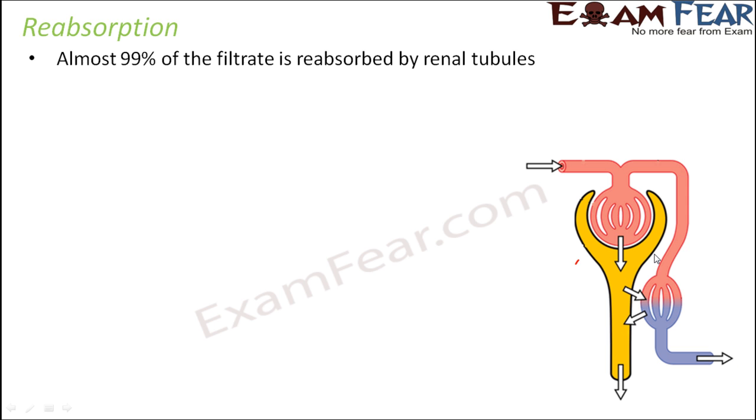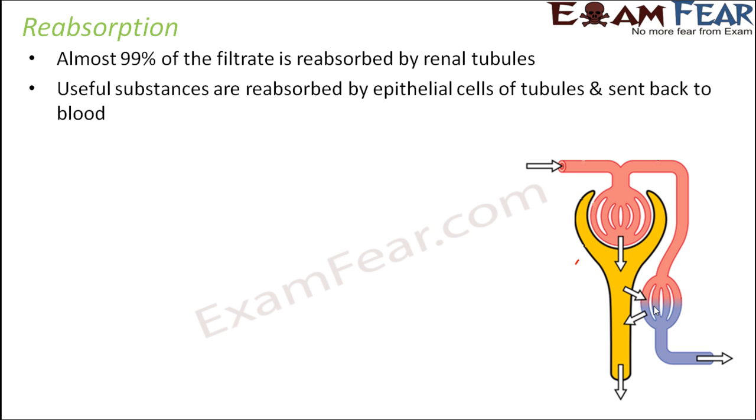That is so very interesting, that so much of the filtrate gets reabsorbed while it passes through all the parts of the renal tubules. But that is what actually happens. Now, what are the substances that get reabsorbed? The useful substances are reabsorbed by the epithelial cells of the tubules and sent back to blood.